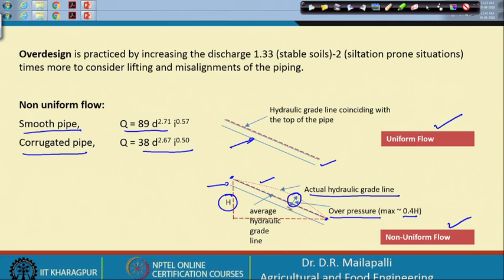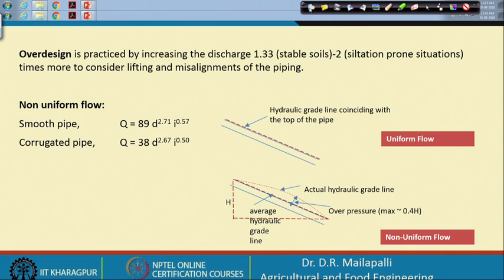This is the average hydraulic line. Okay. So, the point here is that due to non-uniform flow, you may expect the hydraulic gradient line a little bit higher than the average grade line.